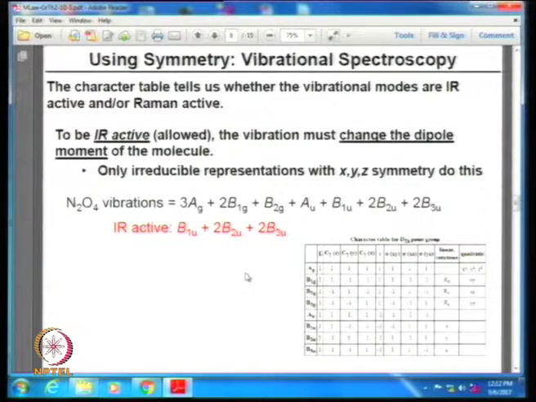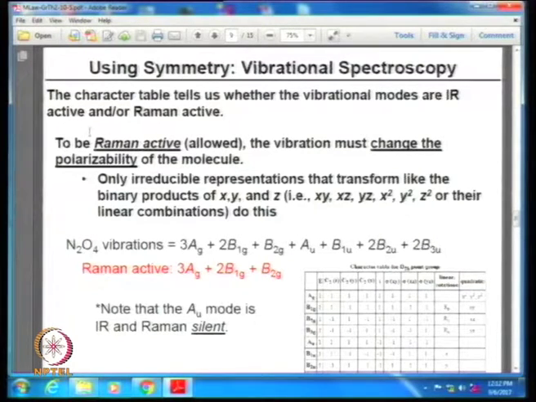And similarly, to be Raman active, I hope you all know what the Raman effect is. It produces supplementary lines around the main line, and that happens due to polarizability. So to be Raman active, the vibration must change the polarizability of the molecule, and this happens when the irreducible representations transform like the binary products of x, y and z.